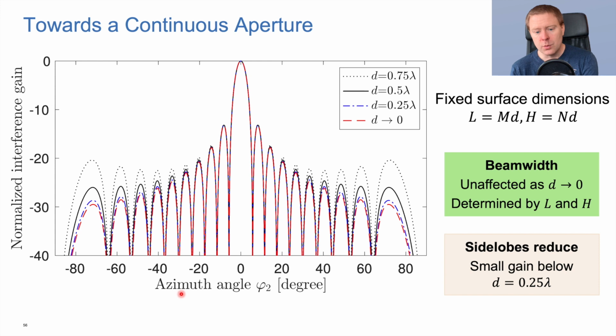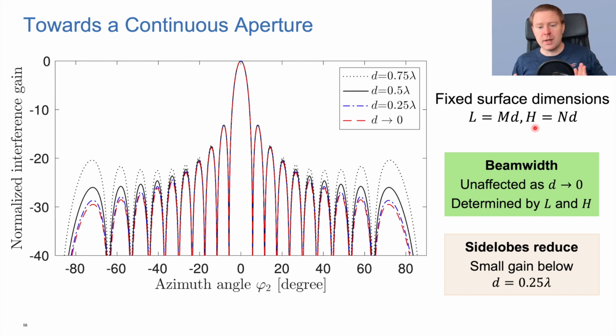Well, what happens when we are shrinking down the antenna spacing is that we get a signal transmitted that is cleaner. So what one can see here is that I am looking at the beamforming gain in a particular direction. So I'm beamforming towards 0 degrees. And then I'm considering a surface with a fixed length and fixed height.